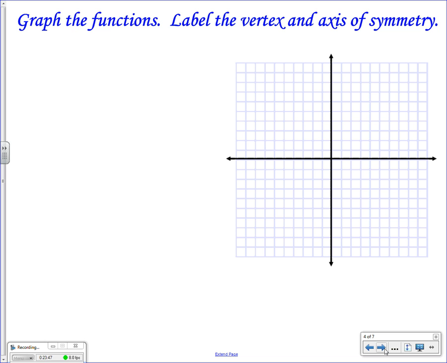I think, good, I have a graph up here. So let's do one with a fraction, okay? Because you guys love fractions, I know. So let's do y equals 1/3 times x plus 3 squared minus 4. That one's good. That'll keep me on the graph. Okay, what's my vertex?